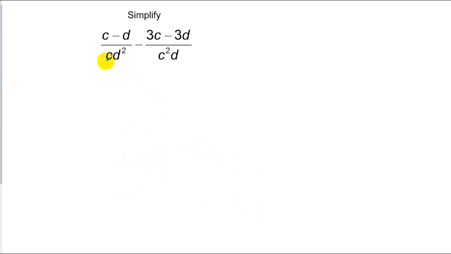A little more complicated now, so I've got a monomial with several variables in the denominator and binomials up top. Let's determine our LCD. You notice on the left side I have a C and two D's.